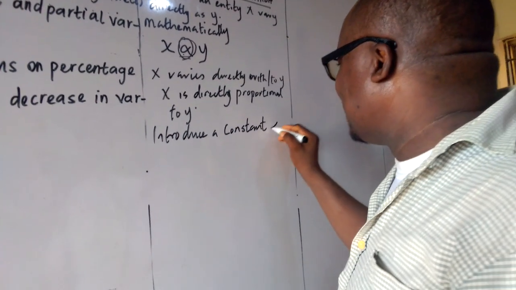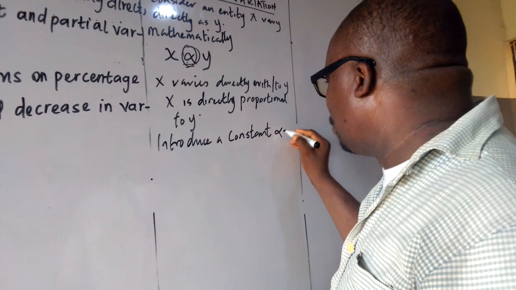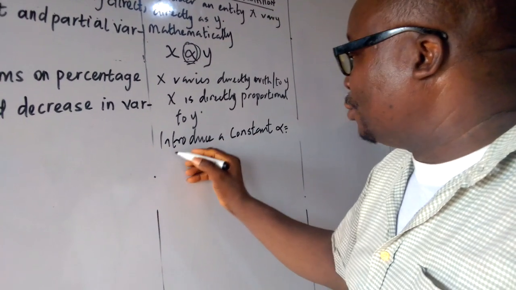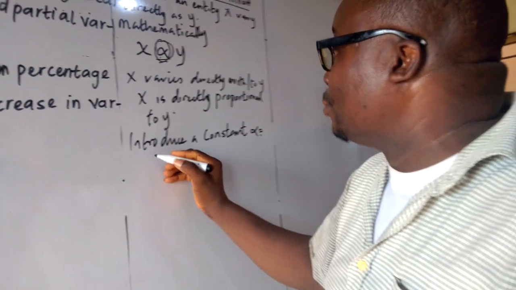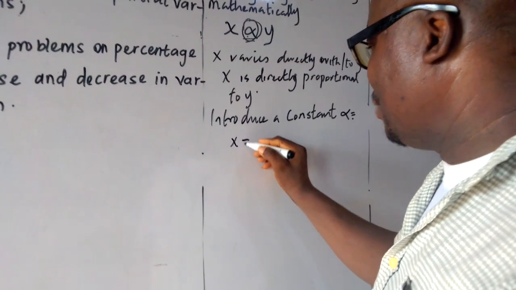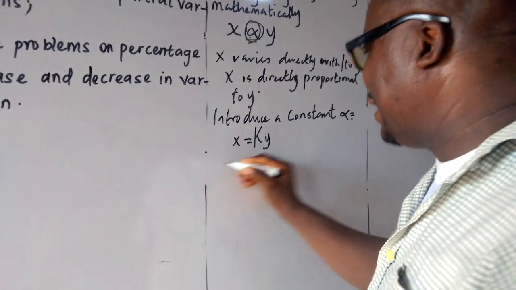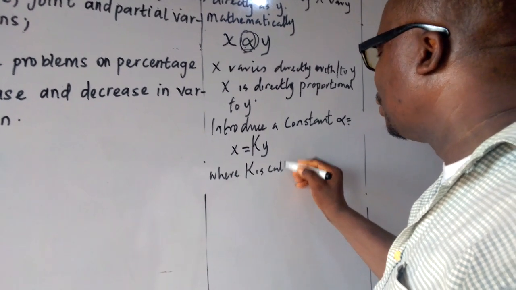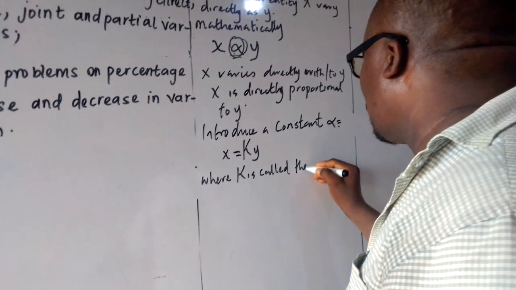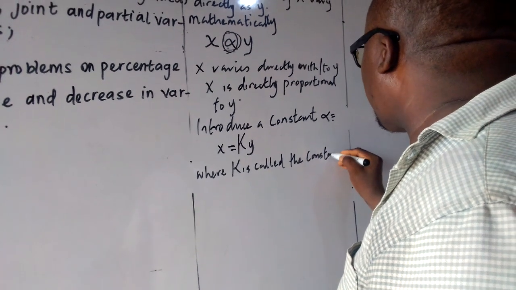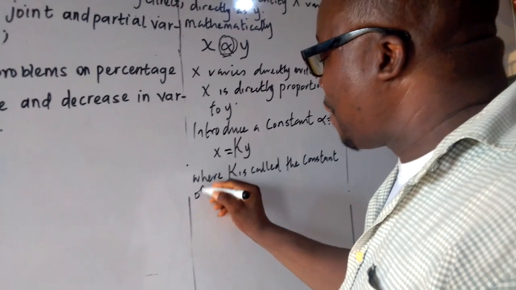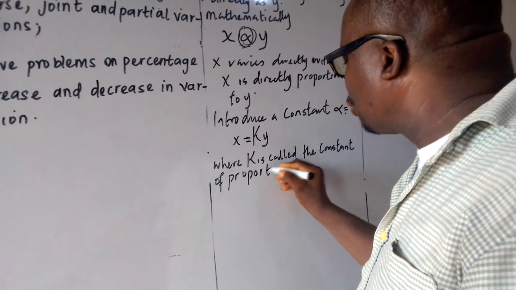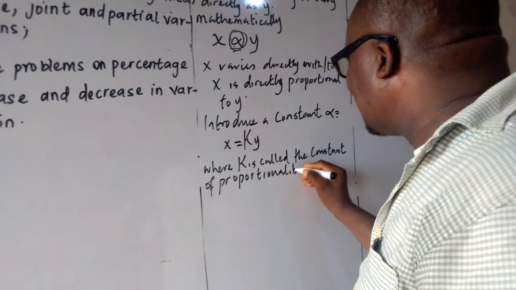So introducing the constant, we have x equals k y, where k is called the constant of proportionality.